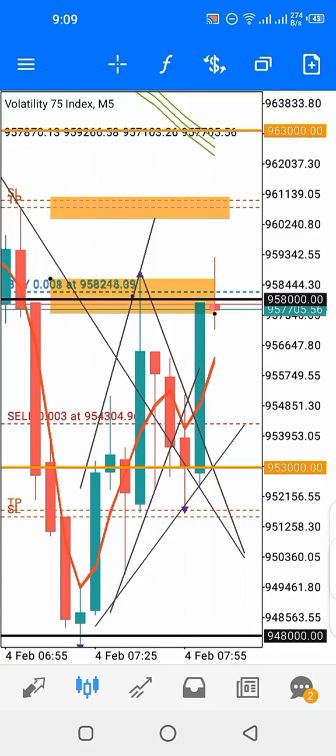Currently, we have 3 running trades. We have a sell trade and 2 buy trades. We have 0.001 as the first buy trade. We have 0.003 as the first sell trade, which was a sell stop order that was triggered and turned into a running sell order.